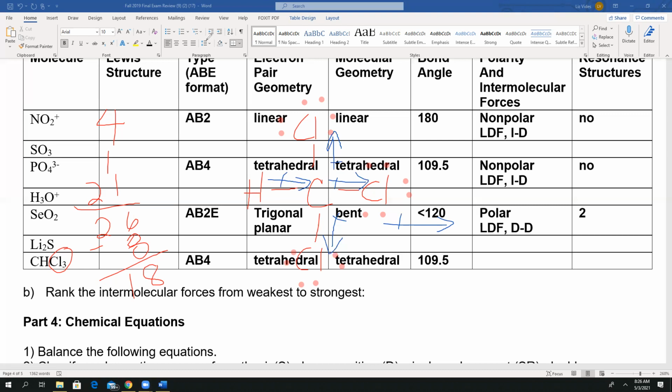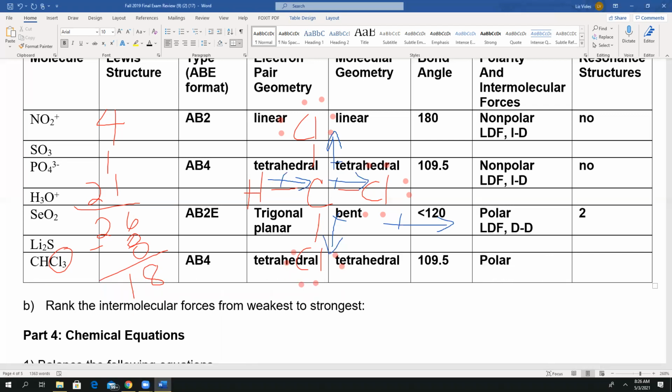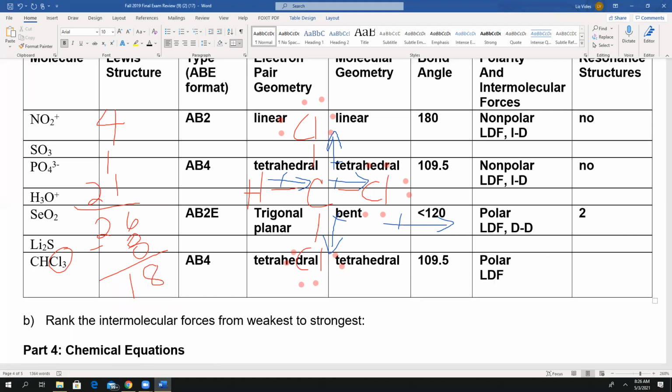Which means that you are polar. You have polarity. Since you have polarity, what do we have here? Well, let's see. We have London dispersion, of course. We're not charged, so we just have dipole. And we do have hydrogen, but it's not bonded, like right here, for example, to oxygen.